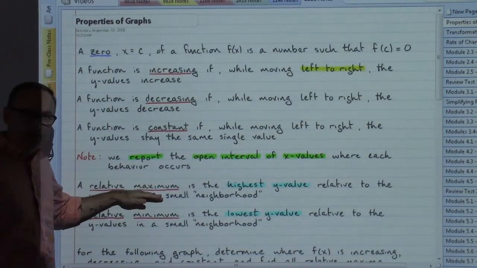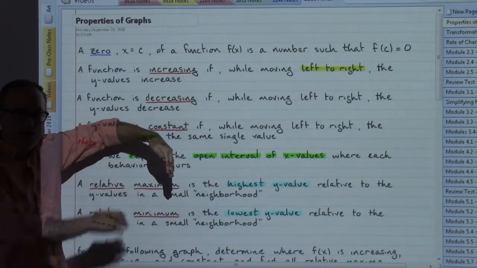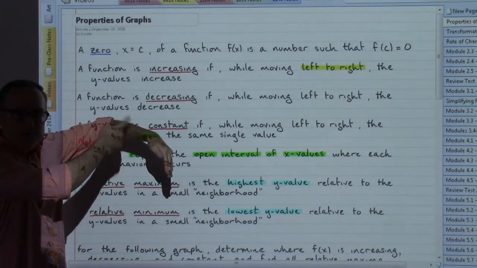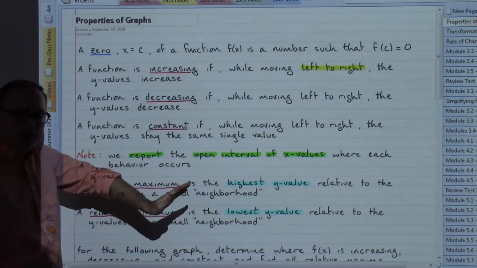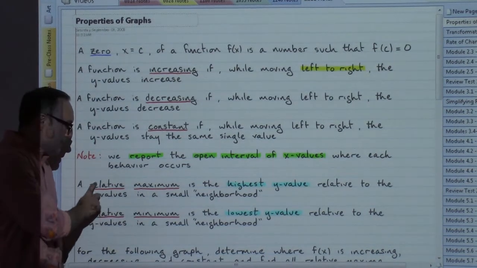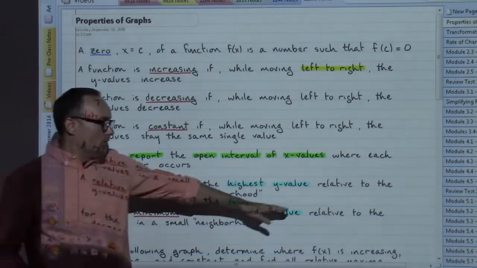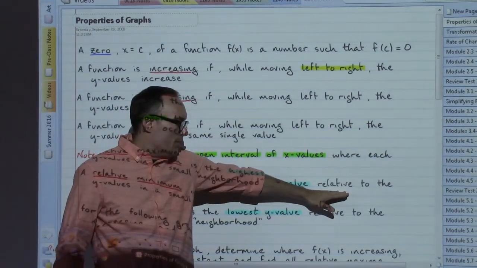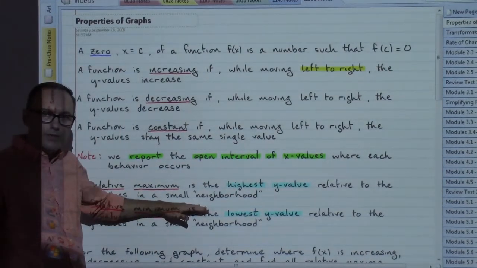A maximum, so going up and then tipping over and coming back down. We've got a maximum happening versus a minimum, so a dip, a valley. And we say relative in these two definitions because we're referring to what is around that spot.